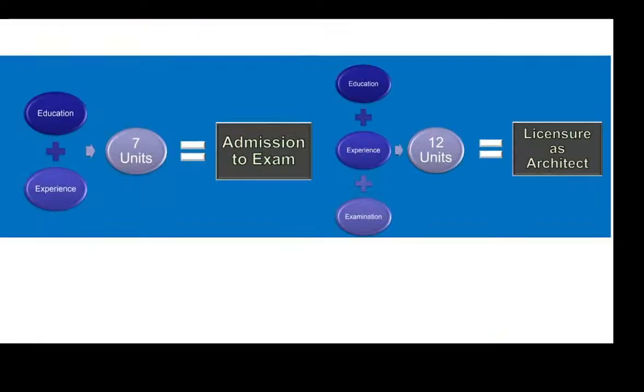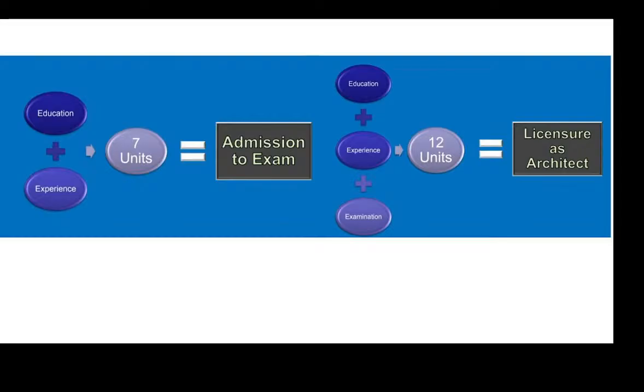So New York State just changed this, but after your third year of school, you are eligible to take the licensing exam. They used to add up points between what your education was and your experience, and that got you into the exam. I'll go through the point system in a minute.